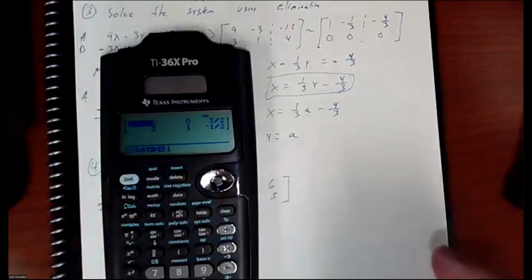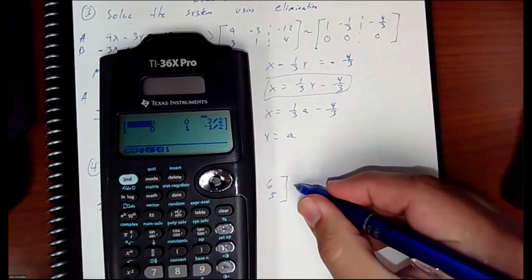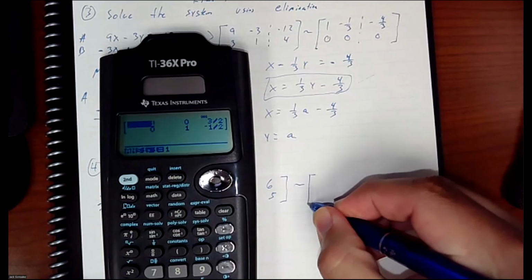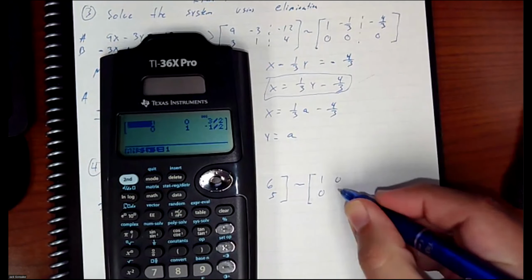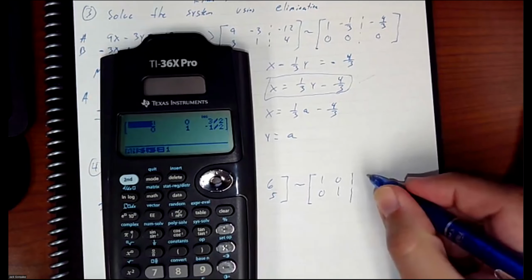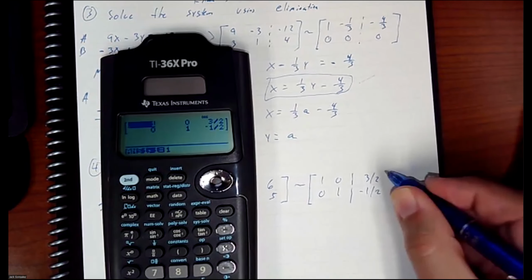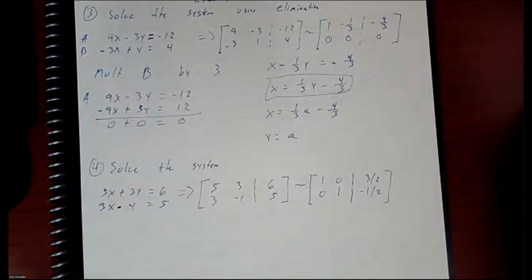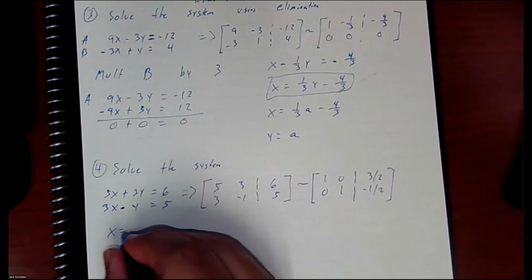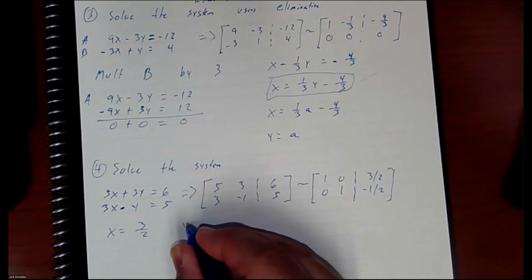So you could change it if you want. So this is equivalent to 1, 0, 0, 1, 3 halves, and -1 half. This means that X is equal to 3 halves, Y is equal to -1 half.